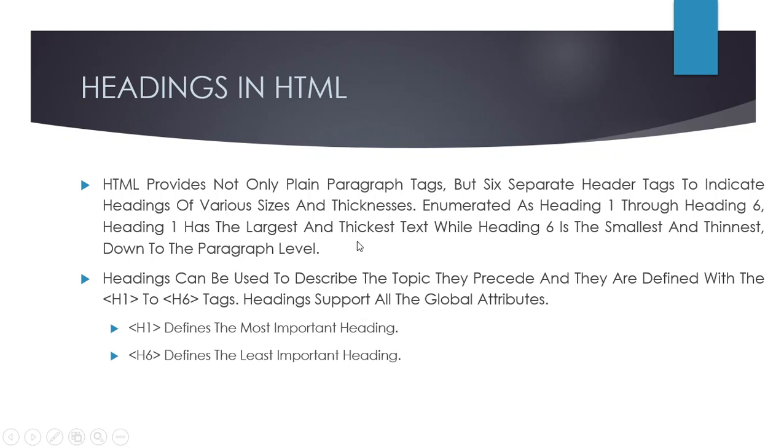Heading 1 has the largest and thickest text, while heading 6 is the smallest and thinnest, down to the paragraph level.